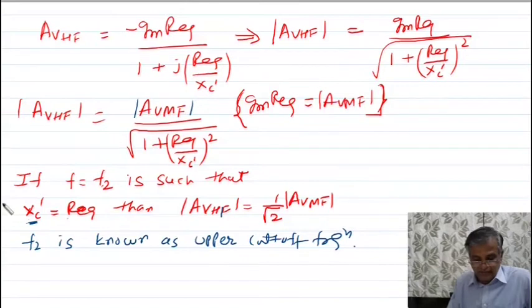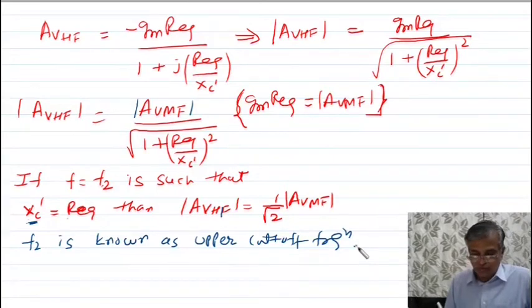Now I am taking f such a frequency at which reactance XC dash is equal to R equivalent. Then you can write AVHF is equal to 1 by root 2 times gain at the mid frequency. Then f2 is known as the upper cutoff frequency. So you can find f2.